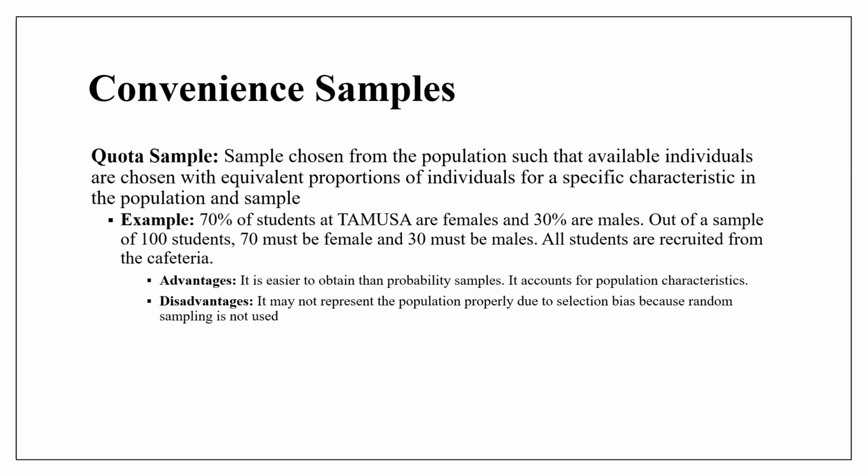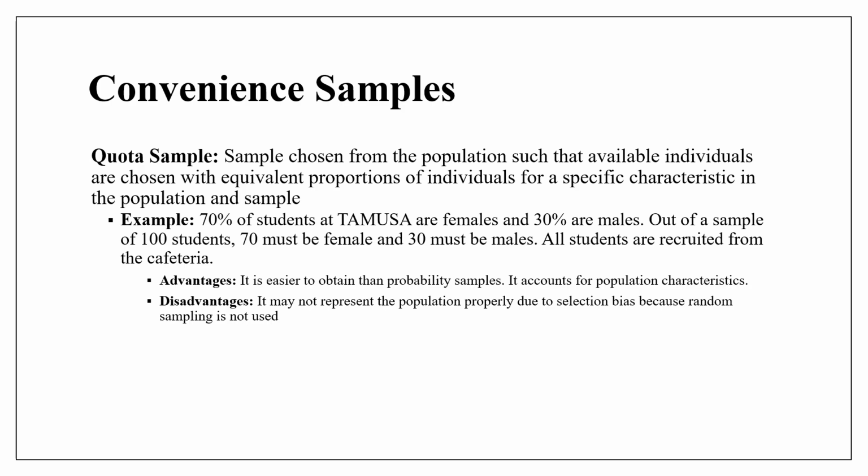Our second and last convenience sample is quota sample, and this is a sample that is chosen from the population such that available individuals are chosen with equivalent proportions of individuals for a specific characteristic in the population and sample. So this is doing something very similar to stratified random sampling, but it's not exactly the same because both of them are going to try to match the proportions or demographics of the population, but quota sample is still going to do so on a first come, first serve basis, whereas stratified random sampling is going to do so by giving everyone an equal chance.